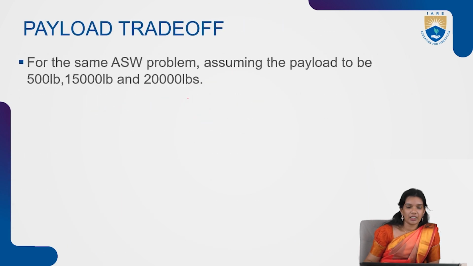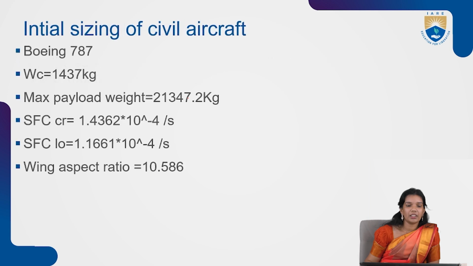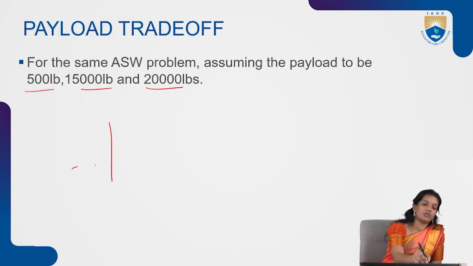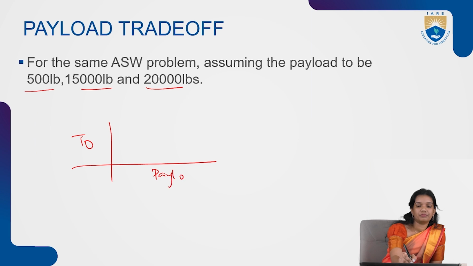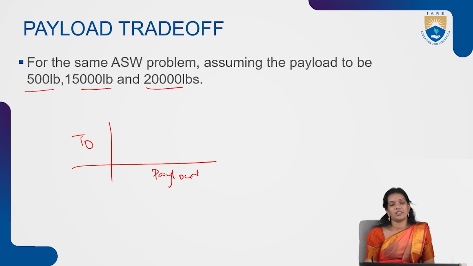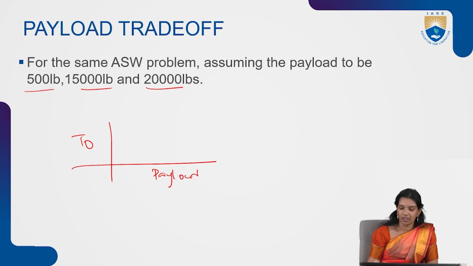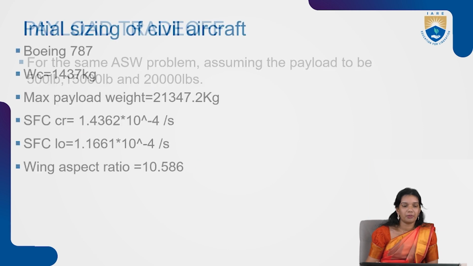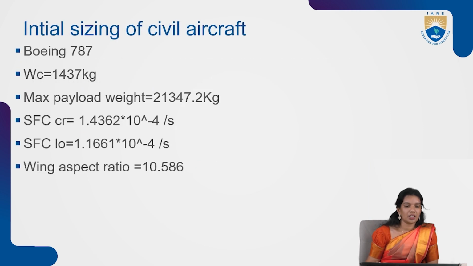We calculate that and get a graph again, takeoff weight versus payload, for three different payloads. I want you people to take it as an assignment and finish it for a range trade-off and payload trade-off. Next we will see another problem.